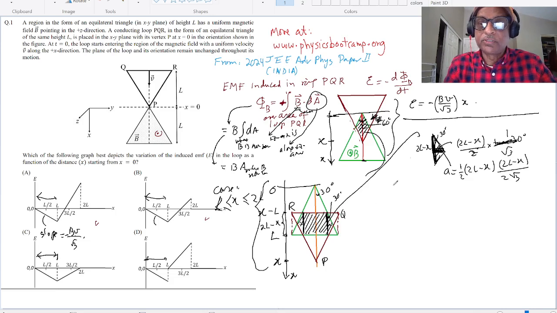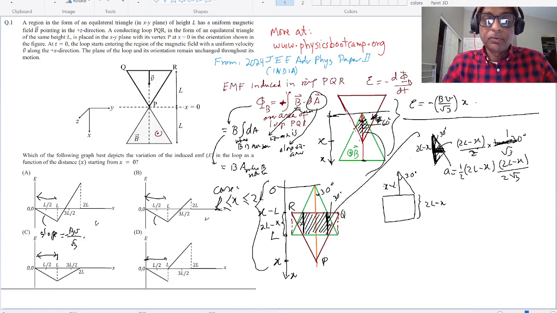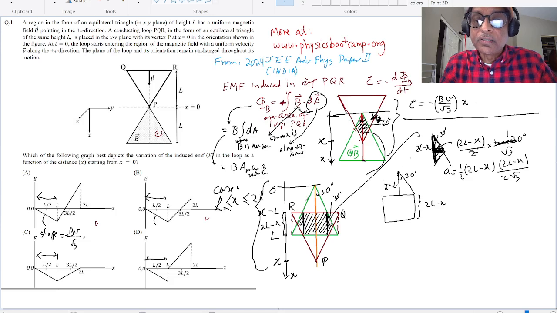And then the rectangle. So what is the rectangle area? Let me take a pause here. Okay, so I drew it out. So over here can be used to figure out what the width of this rectangle is. The height is 2L minus x, so the width can come from here using exactly the same thing.